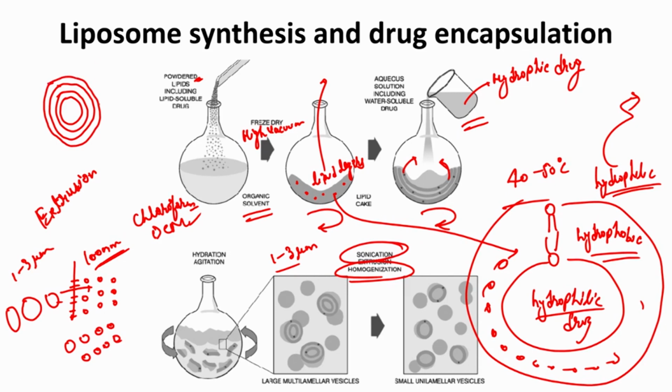But once you do this extrusion process and bring them down to 100 nanometer, it is not physically possible to have multiple bilayers, so there will only be one when you are down to about 100 nanometer. So, these are called unilamellar.